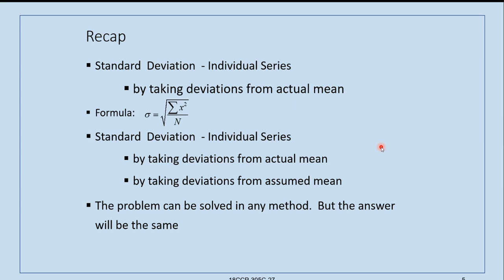If it is calculated by taking deviations from assumed mean, that is shortcut method, then the formula is root of sigma x square by n minus sigma x by n whole square.